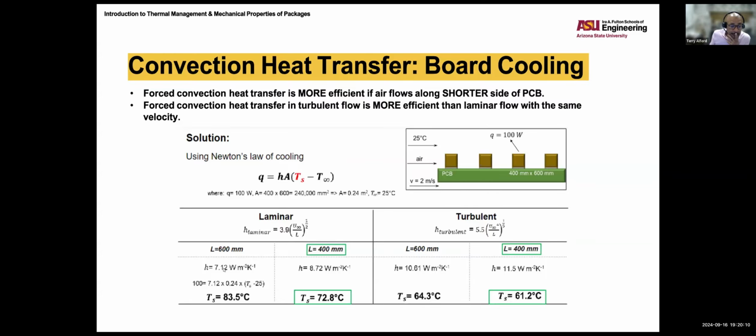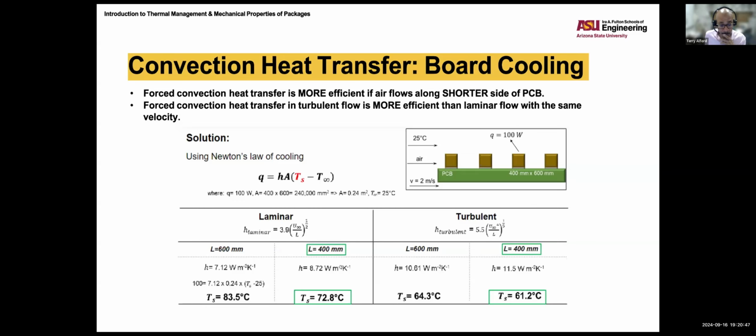Now, looking at the long distance versus the short distance, in both cases, for laminar flow and turbulent flow, it turns out that I can get the best heat transfer by flowing over the short distance, in this particular case.